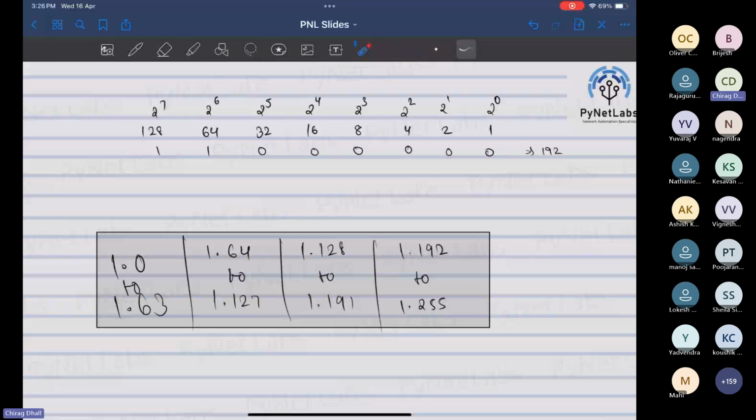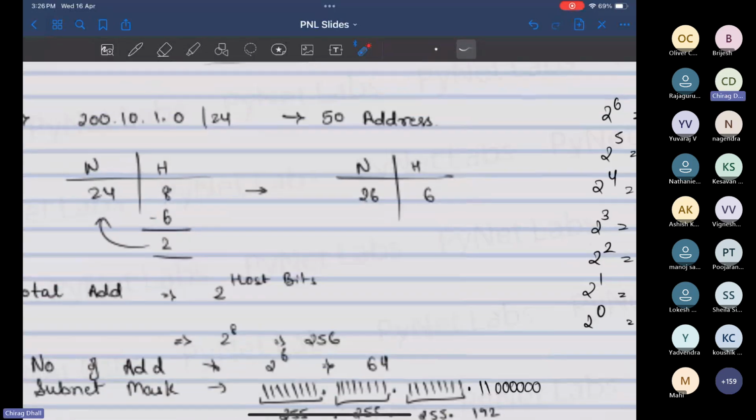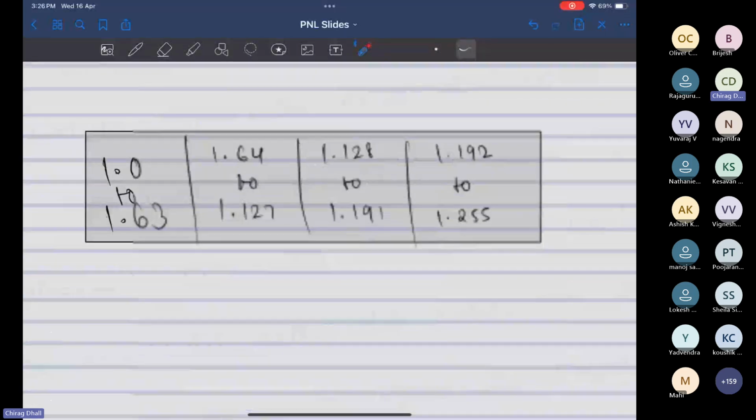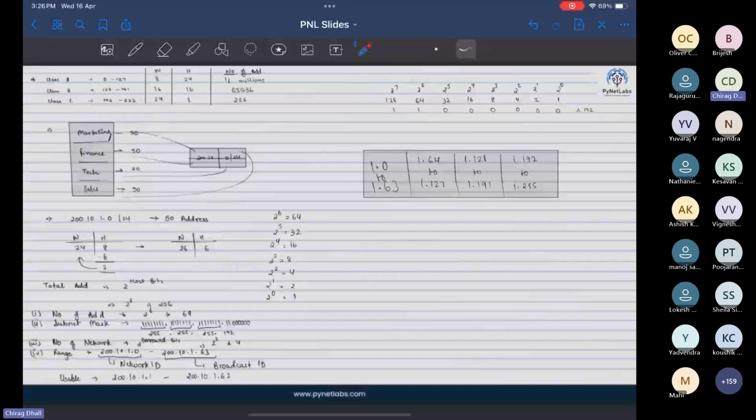Make sense? But if I would have used the complete network for just 50 addresses, then I cannot use the same network anywhere else, right? If I want that network to be separated into smaller parts, I have to calculate subnetting. I have to do the whole procedure that I have discussed. Is that clear to everyone?